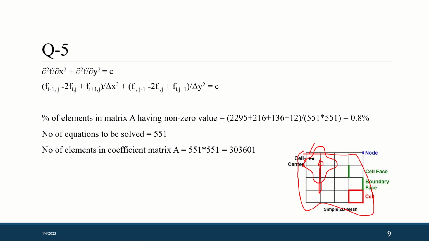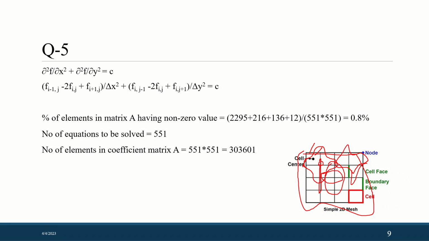So this comes as boundary and this comes as boundary. And similarly for this again, this point is also included. Those boundary points would come into picture. So we are taking the interior points alone, and those interior points would be having five coefficients.